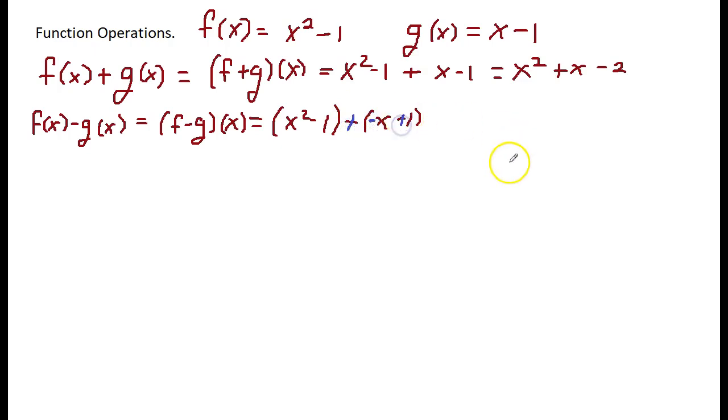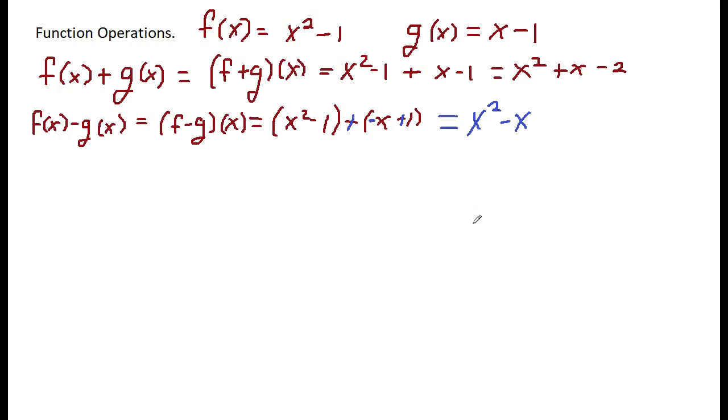All that does is change the signs of everything inside, and now I just combine like terms. So x squared, there's no other like terms of x squared, so I have x squared. I have a minus x, and then negative 1 plus 1, those cancel out. So this is our answer, x squared minus x. That's what you get when you subtract them.